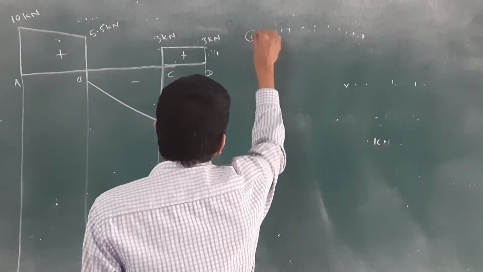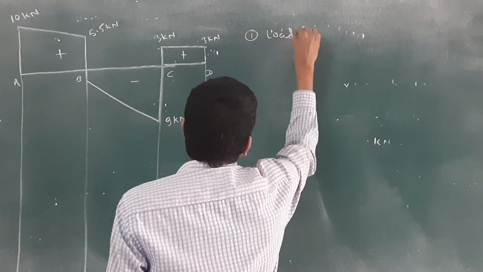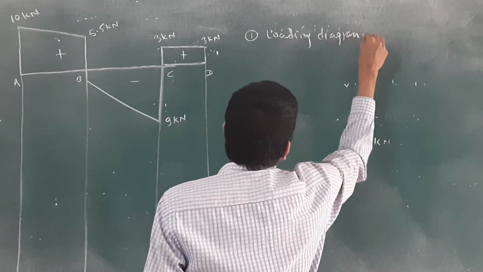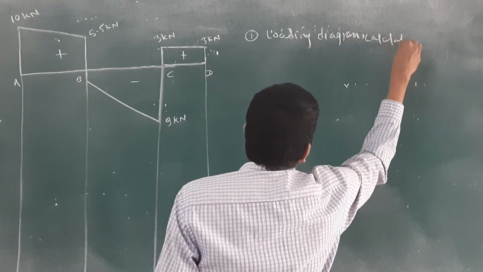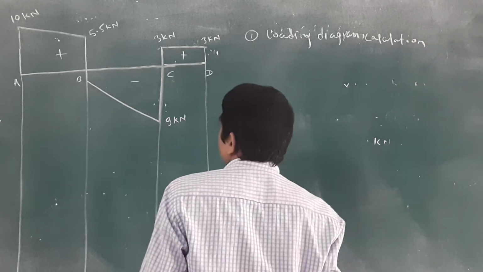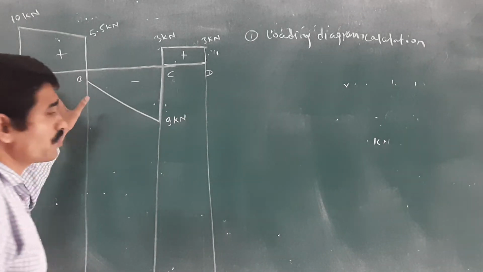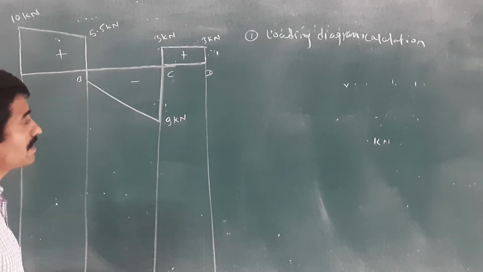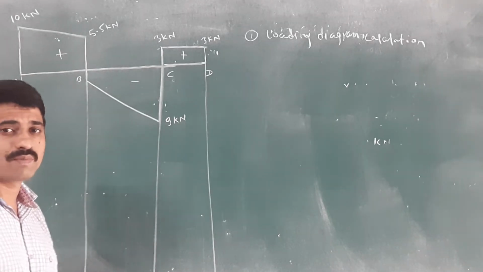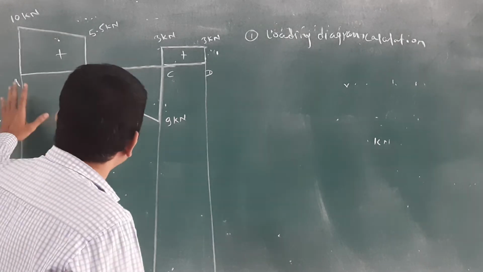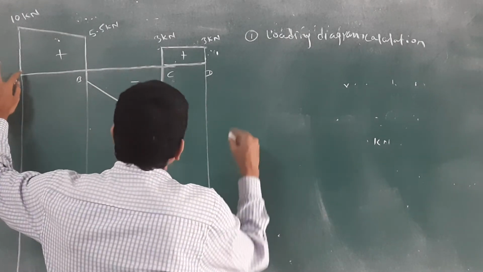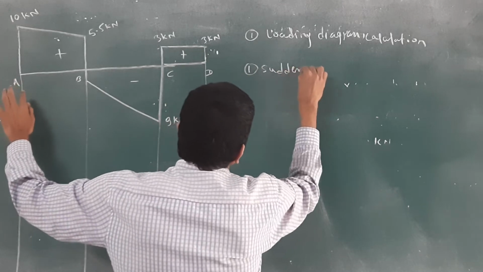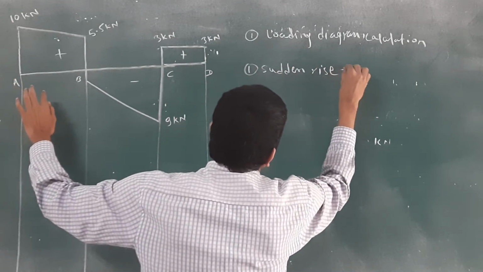First point is the loading diagram calculations. To do the loading diagram calculations, we will first consider the support reactions in the given SFD at point A and point B. For equilibrium, the first point is a sudden rise. At point A we are getting the sudden rise.